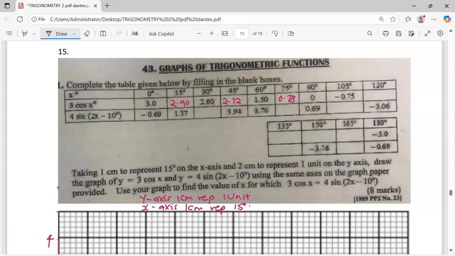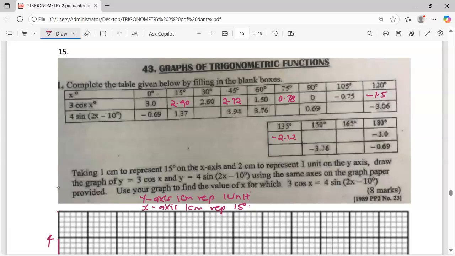Next we go to 3 cos 105, which gives us negative 0.75. Next we have 3 cos 120 degrees, which will give us negative 1.5. Next, now we go to 3 cos 135, which will give us negative 2.12.